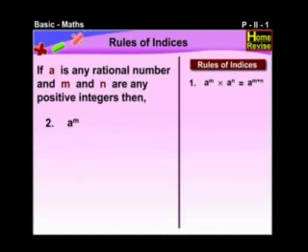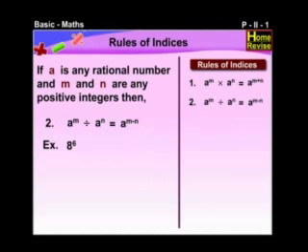Second rule: A raised to M divided by A raised to N, that is division of two numbers, is equal to A raised to M minus N. Take one example. 8 raised to 6 divided by 8 raised to 4 is equal to 8 raised to 6 minus 4, that is equal to 8 raised to 2.